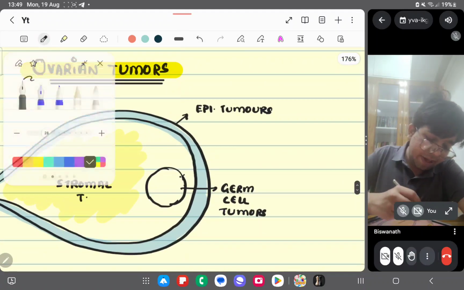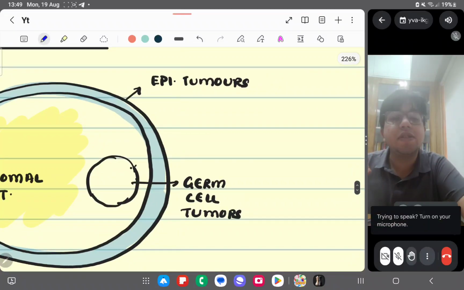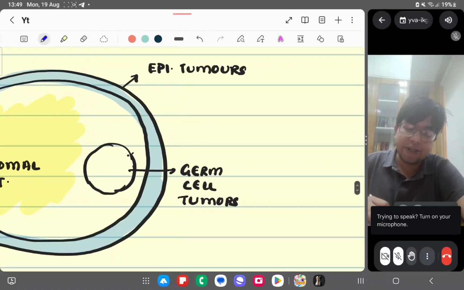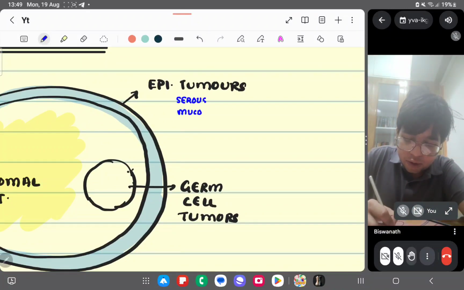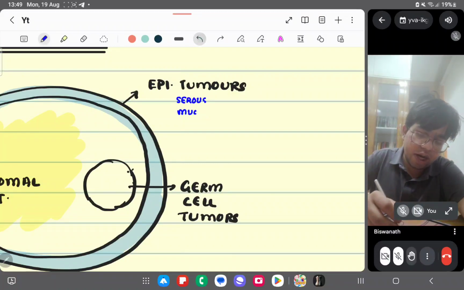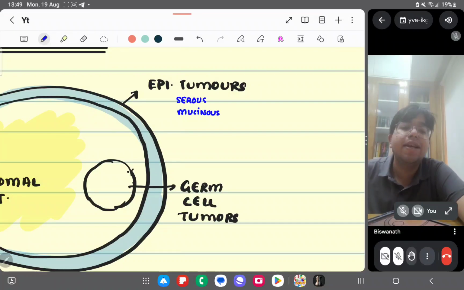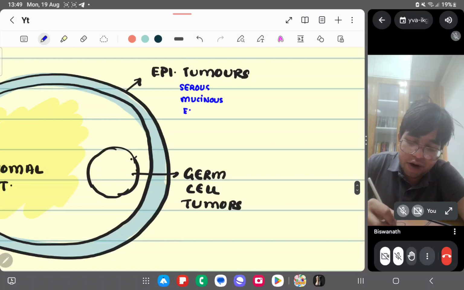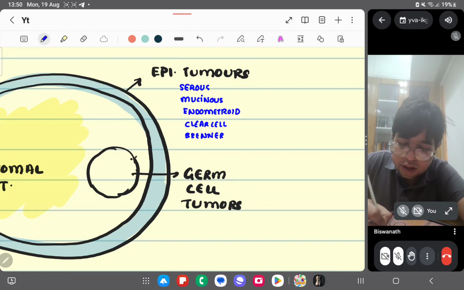Understood? In epithelial types of tumors, we can have a variety of classifications like serous epithelial tumors, mucinous epithelial tumors, endometrioid, clear cell, Brenner tumor of ovary, many things are there.